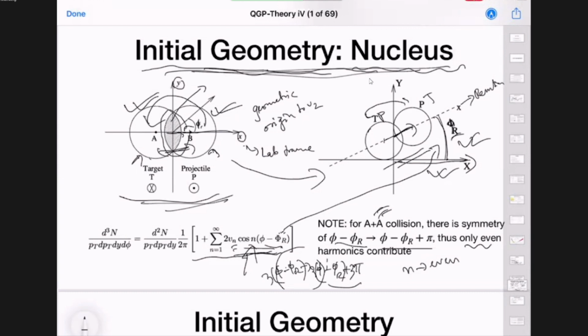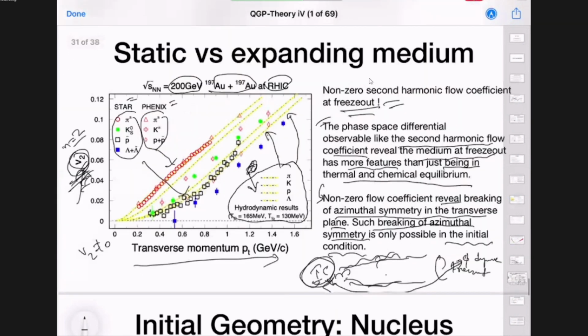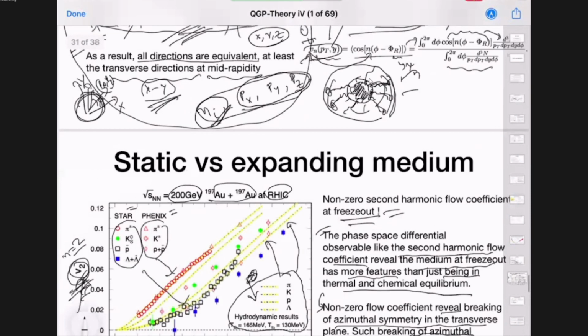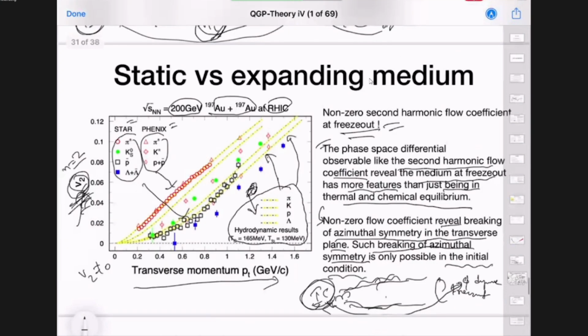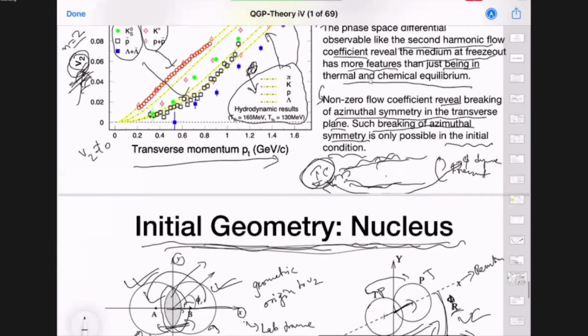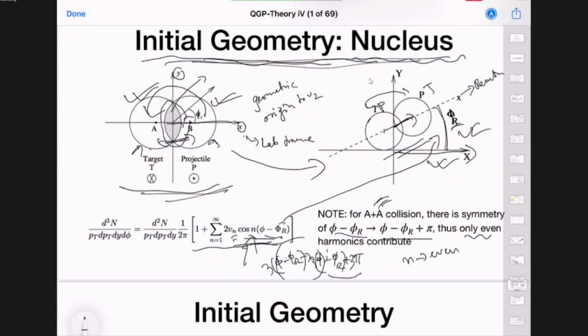So then you can ask, are you seeing higher harmonics? I mean, you see non-zero flow coefficients, that is okay. That says there is symmetry breaking in the initial condition. But now you ask, do you also see non-zero odd harmonics?